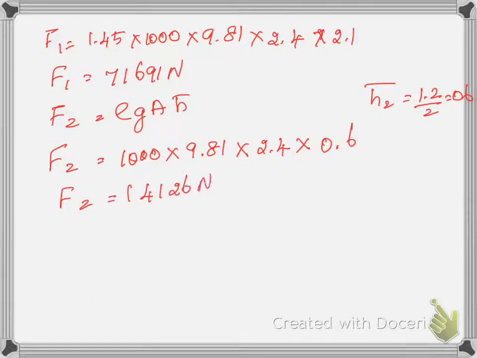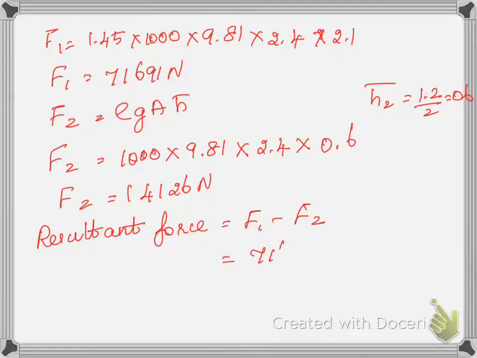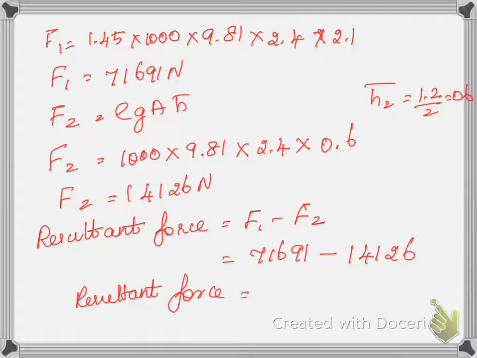Okay. So I'll be getting my F2 as 14126 Newton. So now it is very easy to get my resultant force. Resultant force will be equal to F1 minus F2, which is equal to 71691 minus 14126. So my resultant force will be equal to 57565 Newton. Okay, so I have determined the first answer, the resultant force that is acting on the gate. Next they have asked to determine the position of center of pressure of the resultant force.